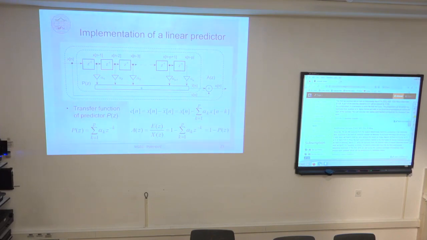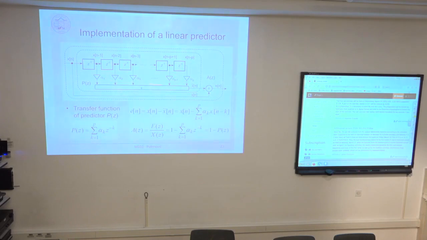But what happens with the real signals, like speech or audio, is that their correlation properties change with time. They are not stationary. And that means that in real world applications, we cannot use fixed coefficients for, let's say, 1 minute of speech or for 1 minute of audio.